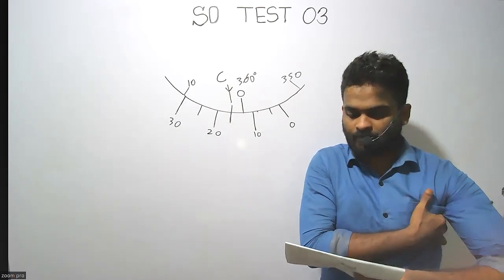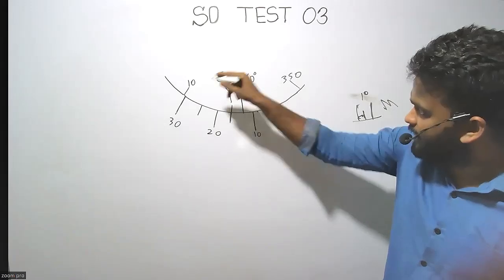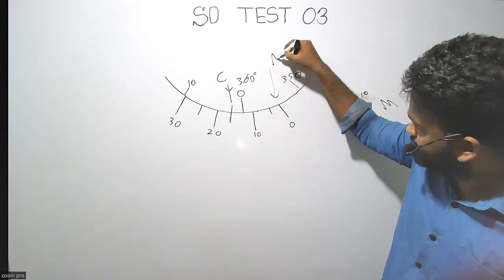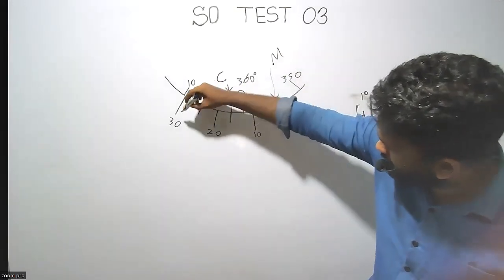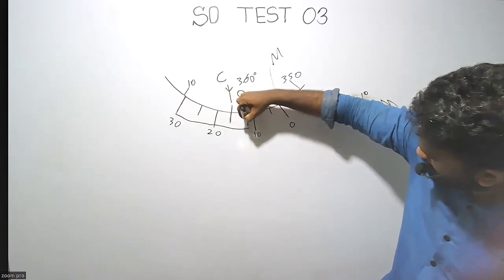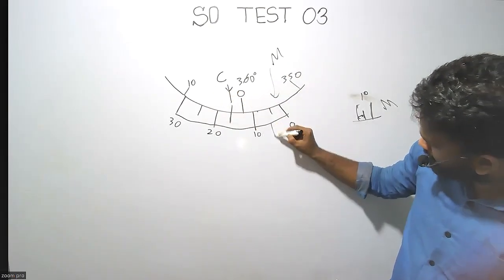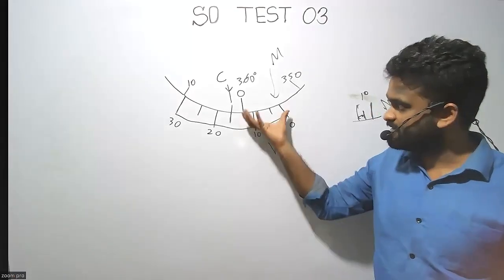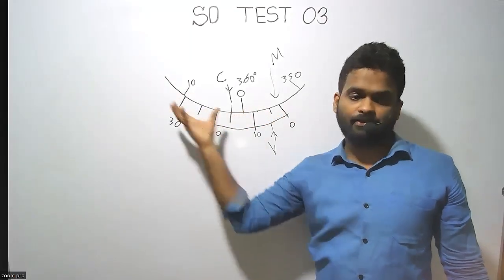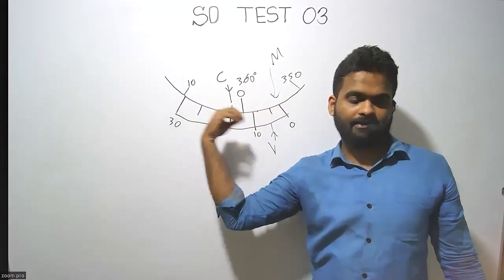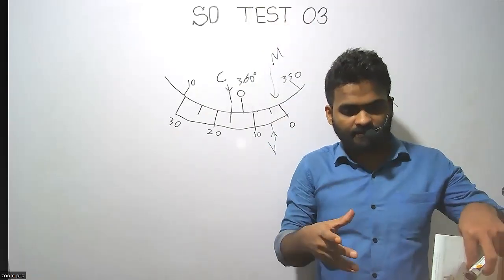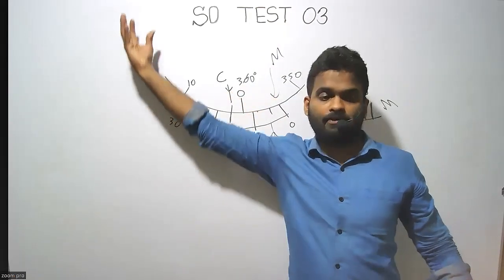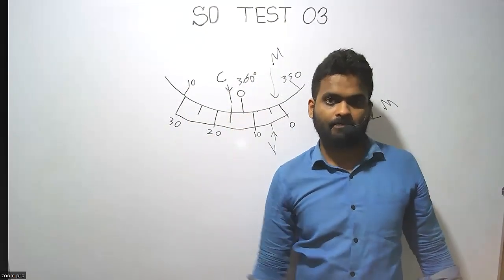The above part has the main scale, and this part from here to here is the vernier scale. What happens is you can actually rotate this one, like this. It's a complete circle. You can rotate this vernier scale around it.